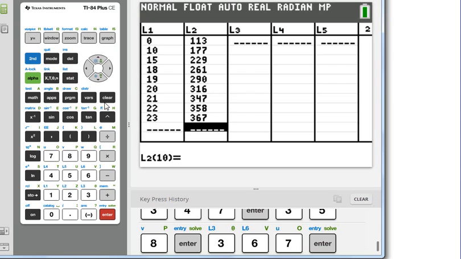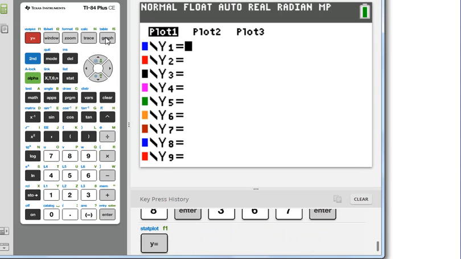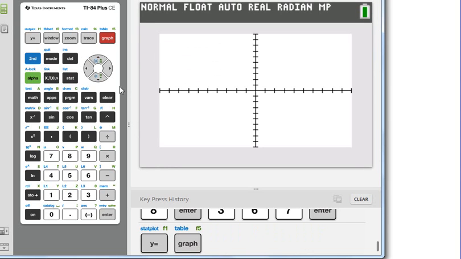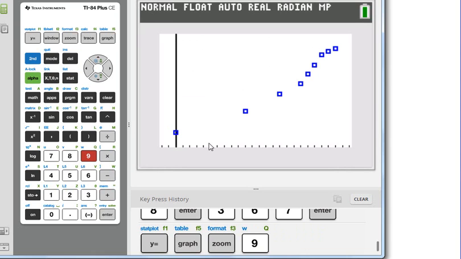So that's all entered. I go and make sure the plot is turned on with the function enter. Yes, it is. When I graph, I don't see anything. We have these points here. I'm going to see what they look like by pressing zoom 9, which is zoom stat, and so the window is set to bring in all the points that are plotted.